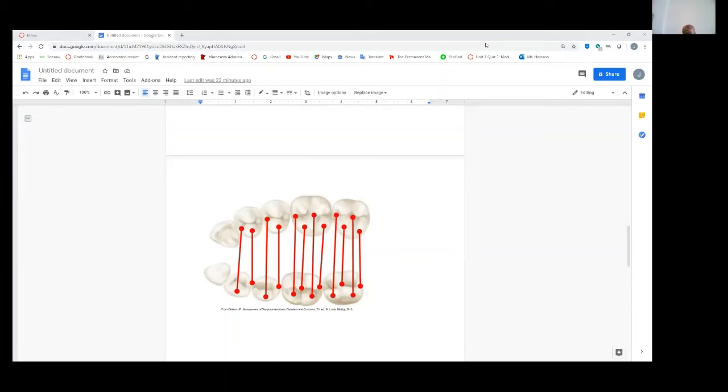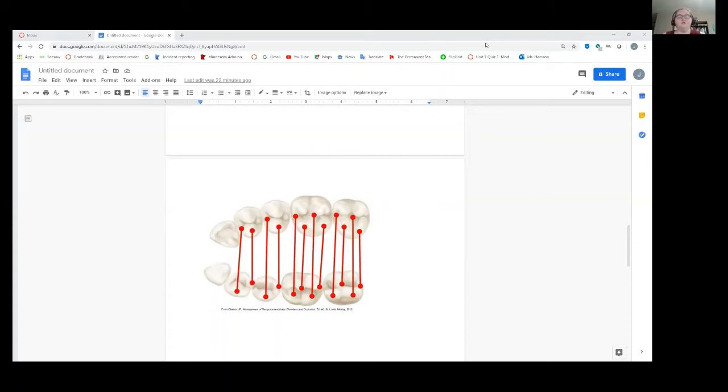Should I explain it right now? Yes, please. Okay. So centric occlusion deals with the teeth. It does not have anything to do with the bones or muscles. It's just how the teeth fit together when the jaw is closed.